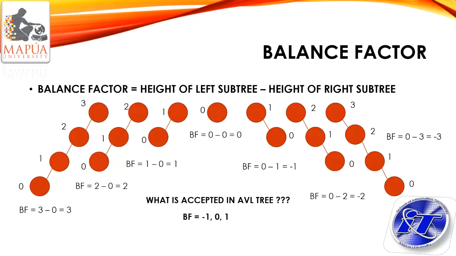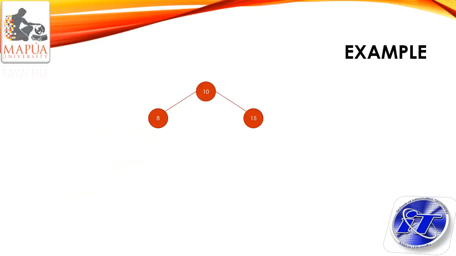Let's have an example. Okay, let's determine if this binary tree is an AVL tree. Again, each node should have a balance factor of negative 1, 0, or 1 only. So let's check the height first. For 8, it's 0, and then it's 1 for the left side. And for the right side, 15, 0, and then 10 is 1. So for node 8, balance factor will be 0 minus 0 is equal to 0.